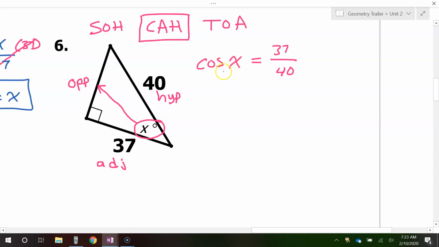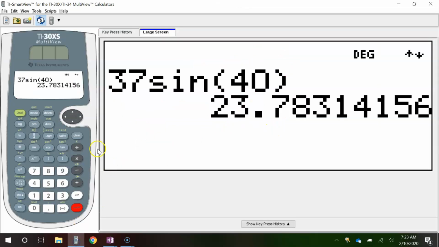When the variable is inside the trig function, that's when you have to do the inverse. So we will do inverse cosine, and then we basically reverse these. So it'll be inverse cosine of 37 over 40 equals x. So this goes in your calculator.